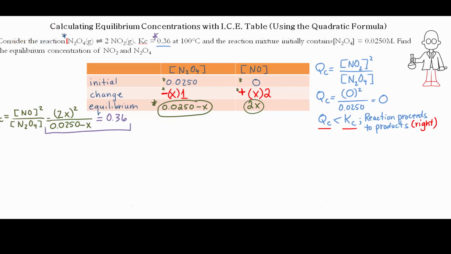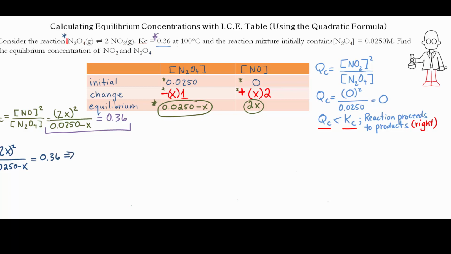So if I rewrite this out step by step, I would have 2x squared divided by 0.0250 minus x, and that's equal to 0.36.